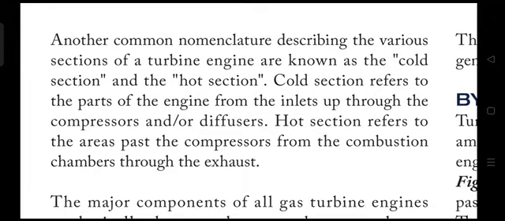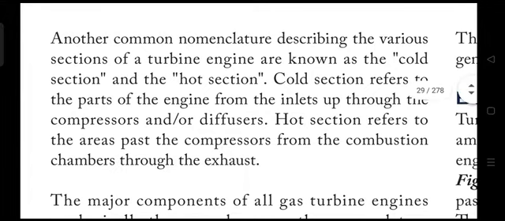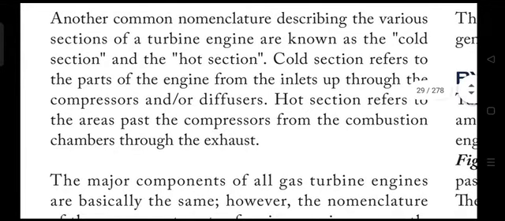Right now, just know that the cold section is that section where there is no heat added or no ignition. The hot section starts from the combustion chamber, then goes to your turbine and then the exhaust. So this is the hot section, okay. And the cold section refers to the inlet, from the inlet till the diffuser, okay.